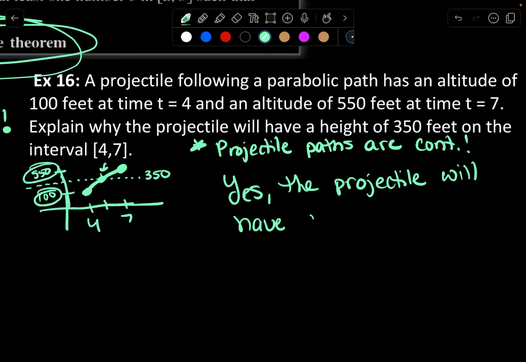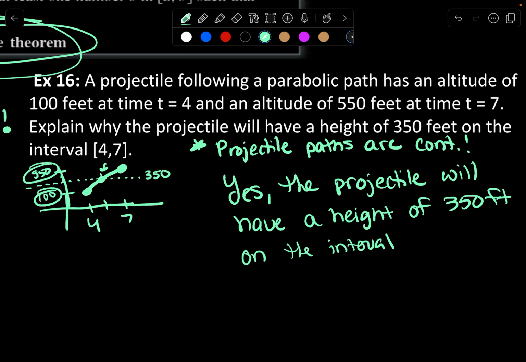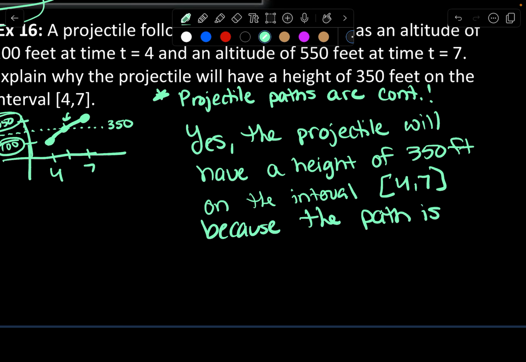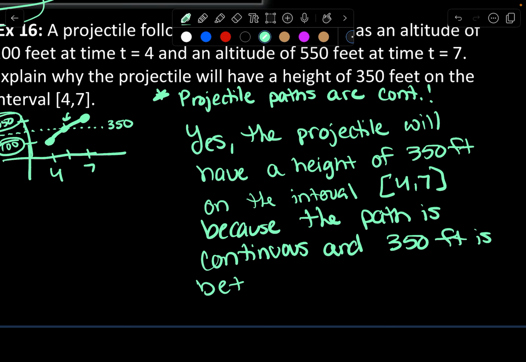So it will have a height of 350 feet on the interval 4 to 7, because the path is continuous and 350 feet is between 100 feet and 550 feet.